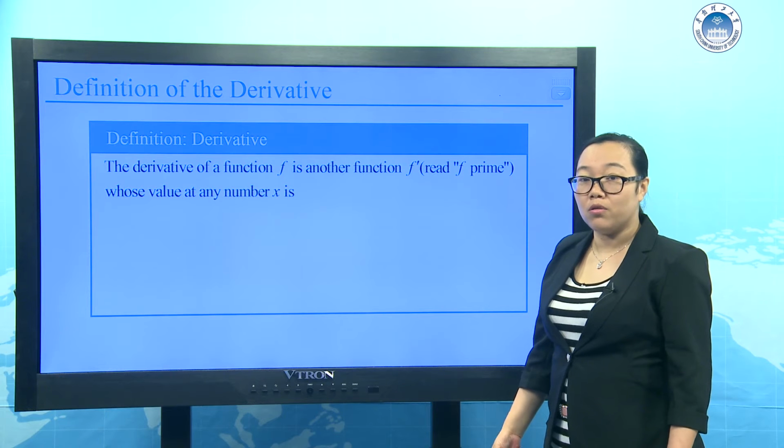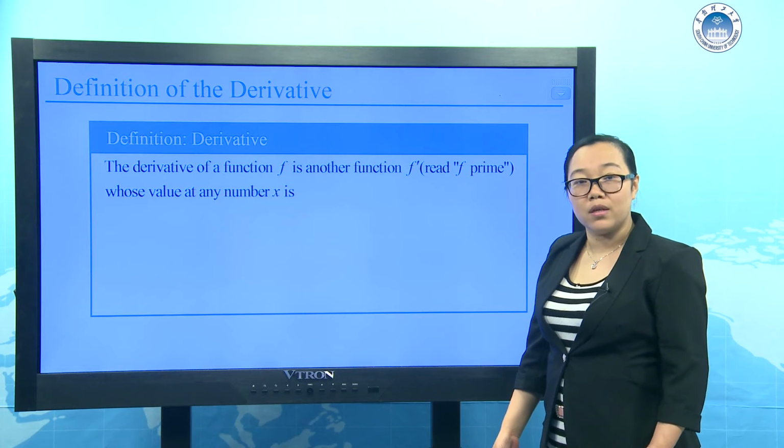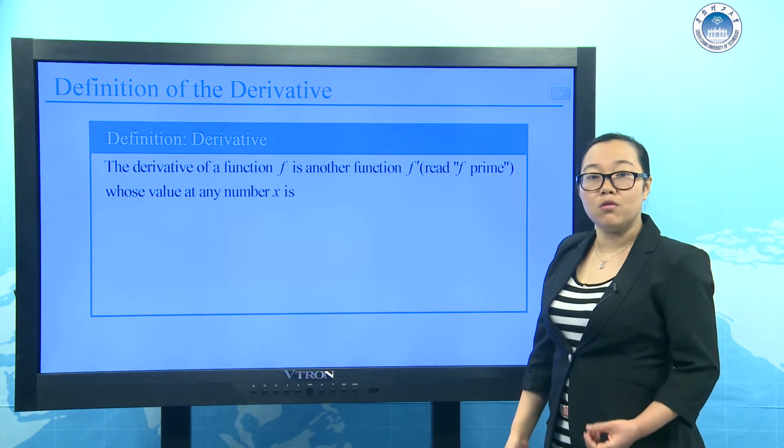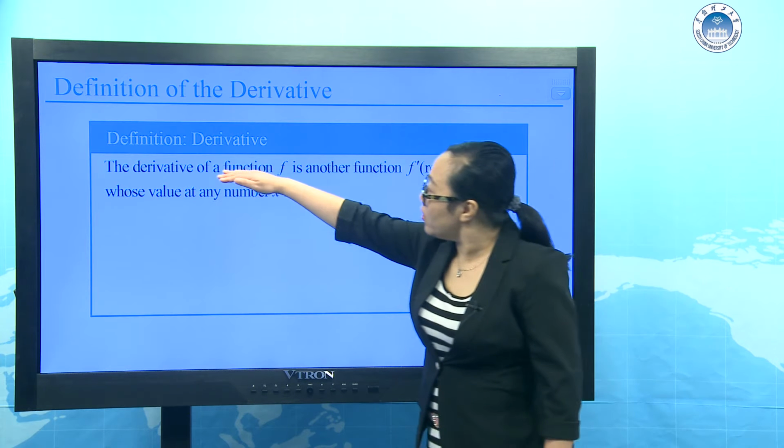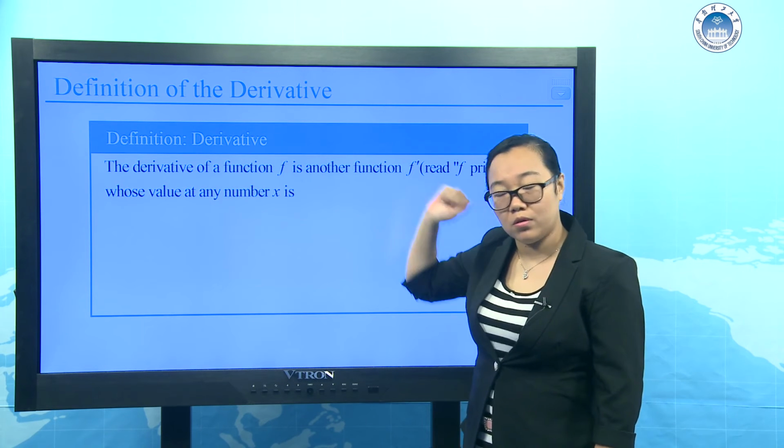So now, according to the special cases in physics and geometry, we give the definition of the derivative.